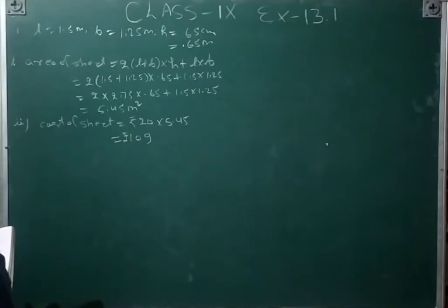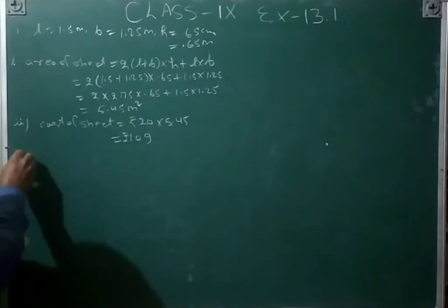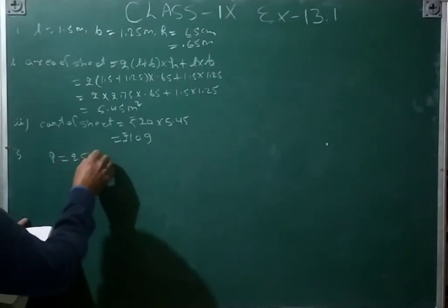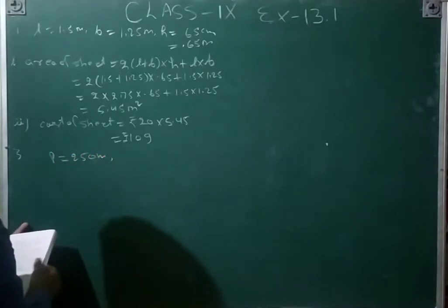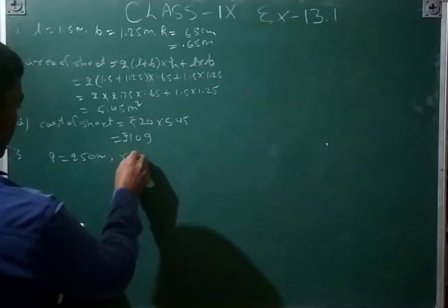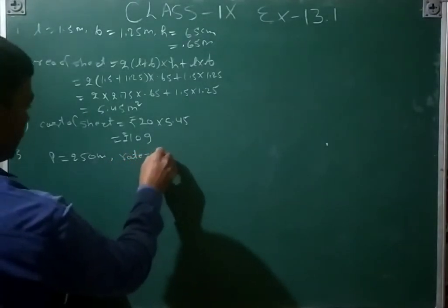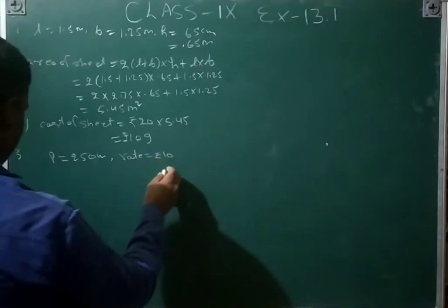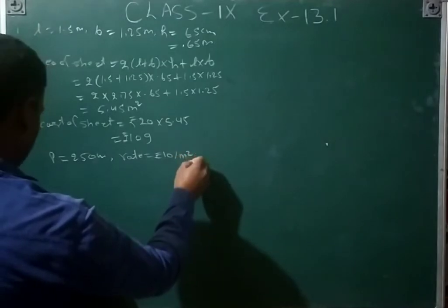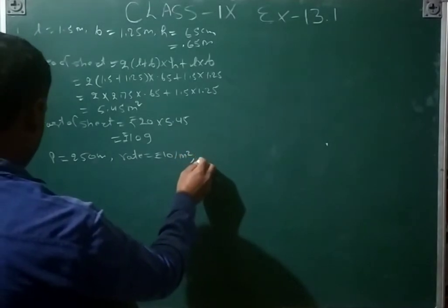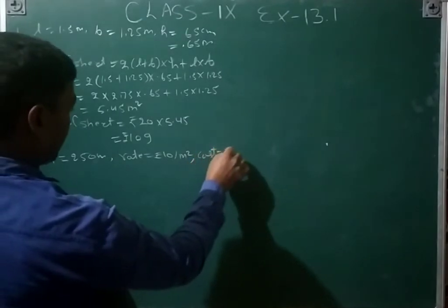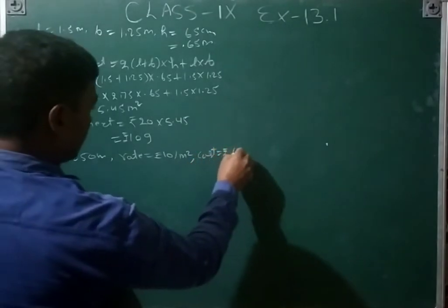Third question, the perimeter is given as 250 meter, and the rate is given as rupees 10 per meter square, and the cost is given as rupees 15,000.